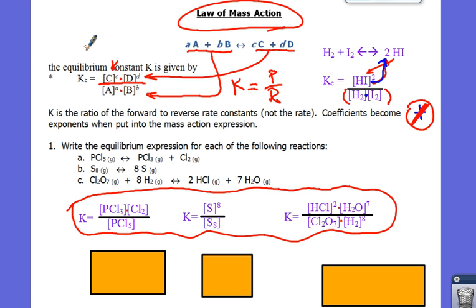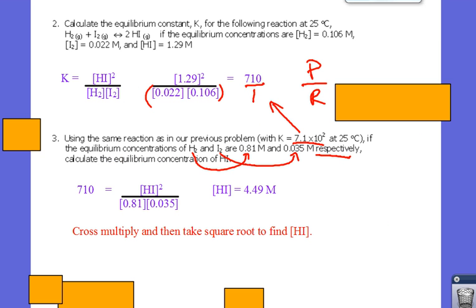That's what constant means, same value every time. So also, when we see brackets like this, that means molarity, even if you can't fit it inside the brackets. Brackets means molarity.